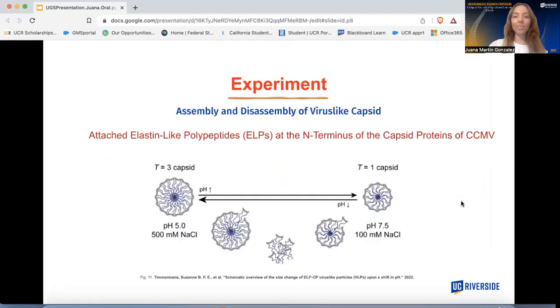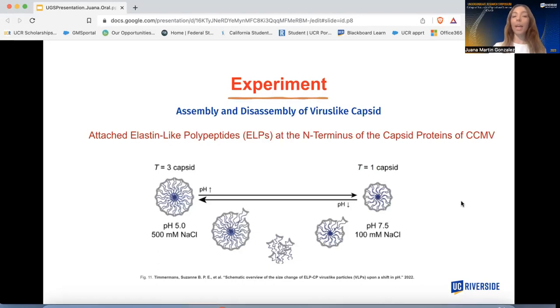So how do we actually test classical nucleation theory? One of the ways that it was experimentally tested was using the cowpea chlorotic mottle virus. They attached elastic-like polypeptides at the end of the protein, the N-terminal, which made it hydrophobic.